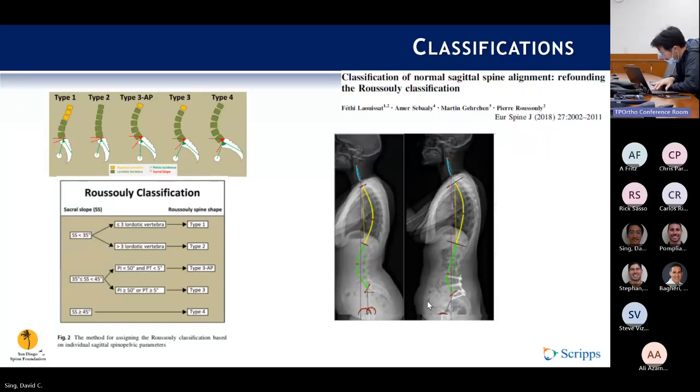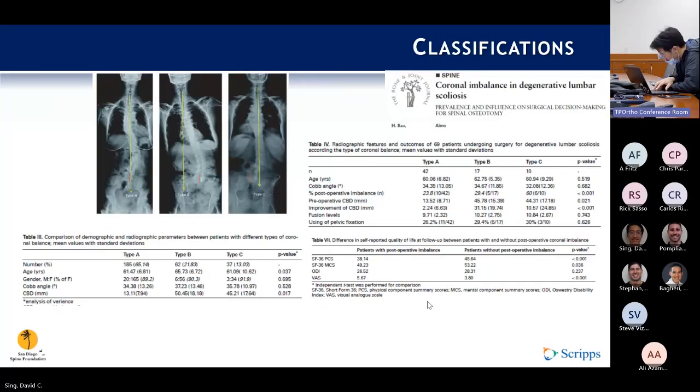Finally, going back to coronal classifications, Bao published this paper in 2016, separating 3 types of coronal curves based on the balance of the center sacrovertebral line with the C7 plumb line, looking at the difference between these 2 vertical landmarks.